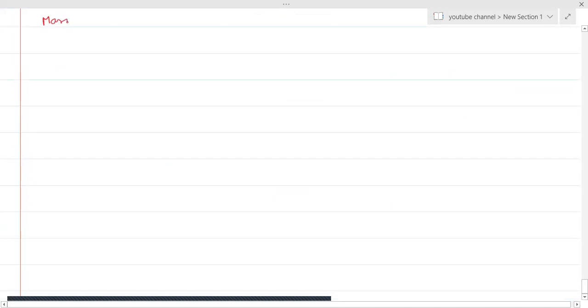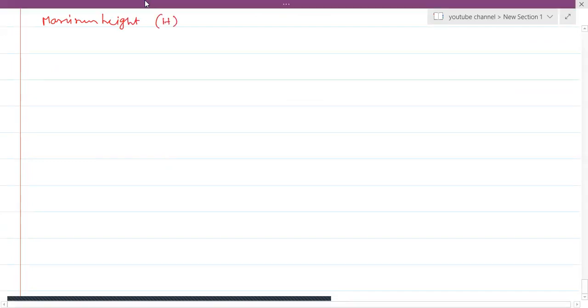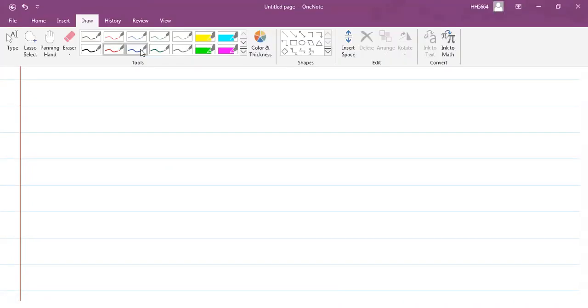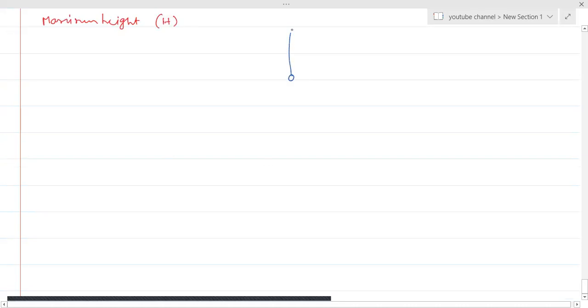And if you are interested in the maximum height, this is the distance covered before reaching the maximum height, point C, or before reaching its velocity equivalent to 0.